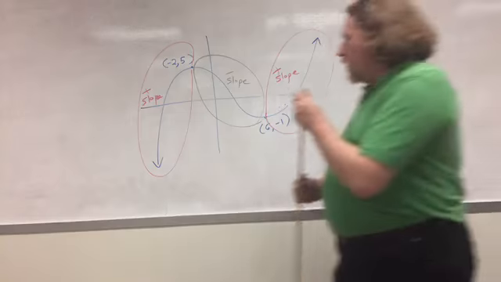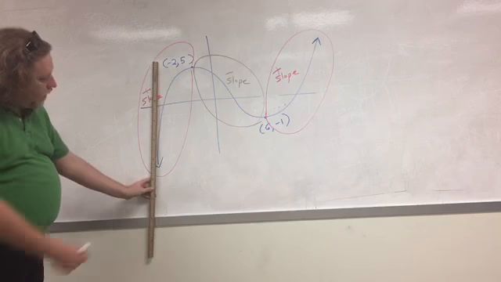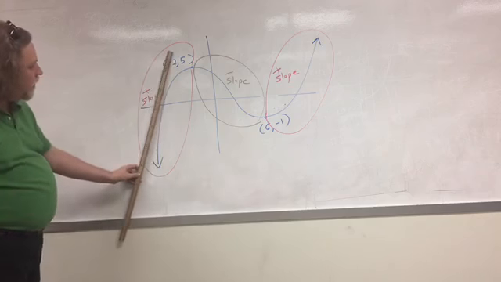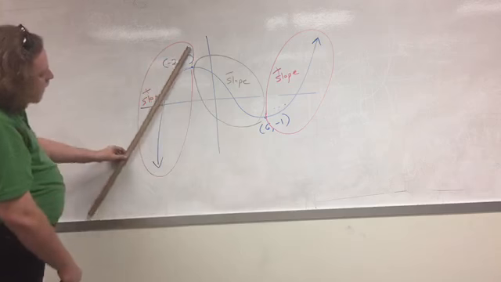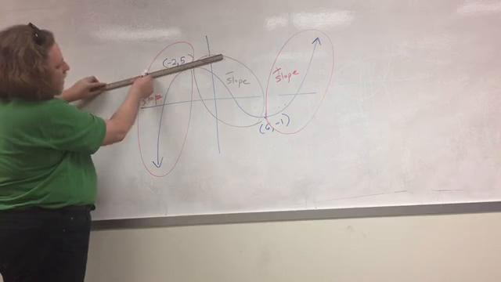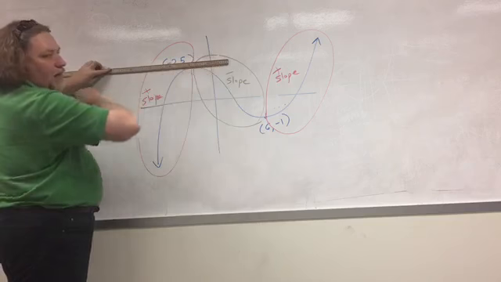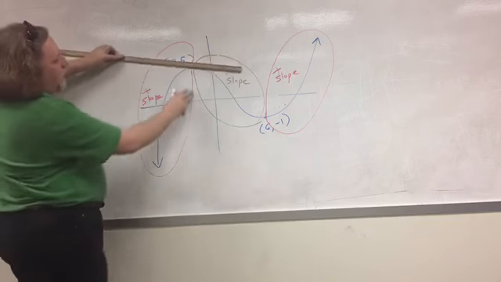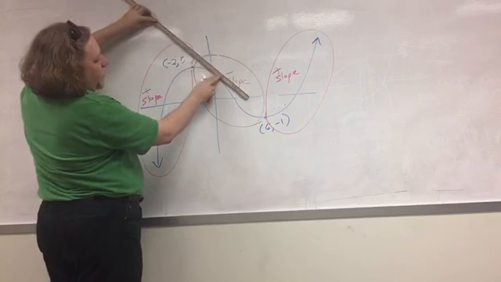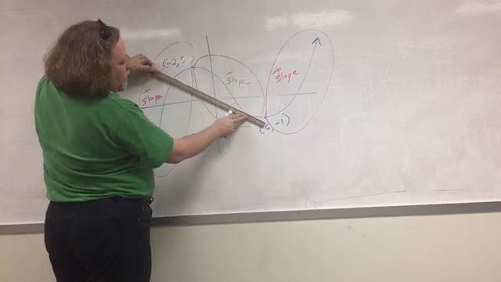Suppose I put my ruler up against my curve. Well, if my ruler is touching the curve like that, you can see how the ruler has a positive slope. And as I'm touching like that, again, you can see positive slope. But as I come over here and I crest the hill, right there, you can see it's perfectly flat, the slope is 0. And then as I keep following along the hill, you see how the slope gets negative, negative, negative.